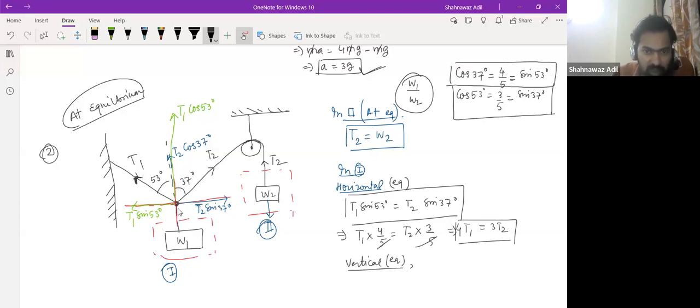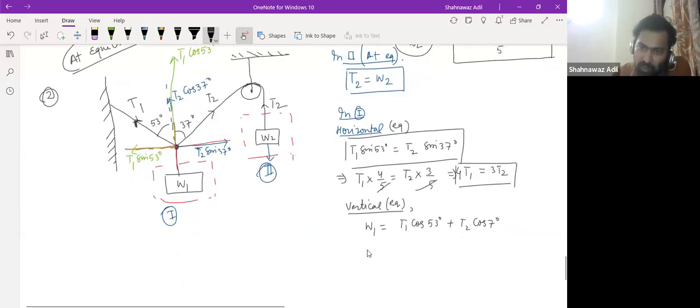The downward part is W1. So W1 is equal to T1 cos 53 plus T2 cos 37. How much is this?